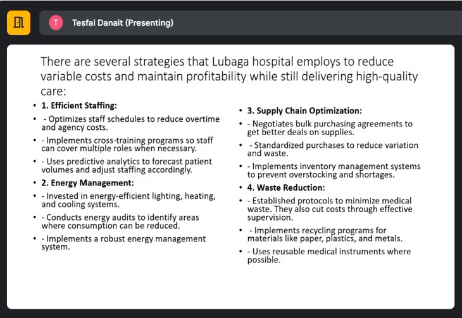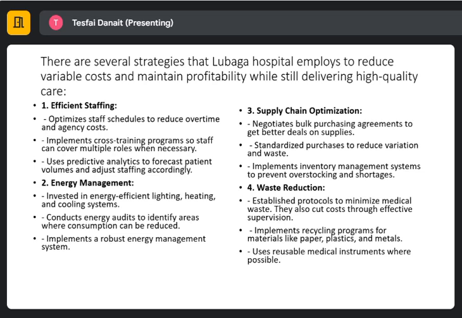Number one of the strategies is efficient staffing, having the right staff that is required at a given time, and not having many staff members where most of them are doing nothing. So making sure that the HR department knows what number of staff is needed, so that they don't spend much more on staff that might not be required.